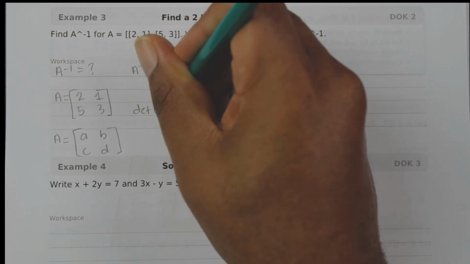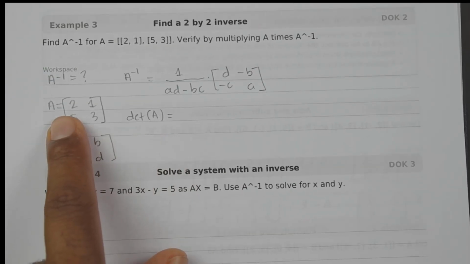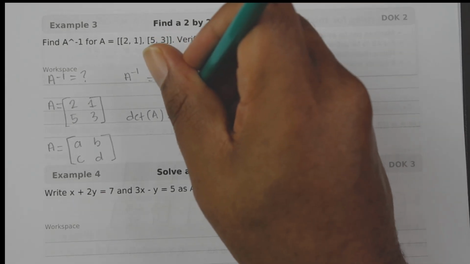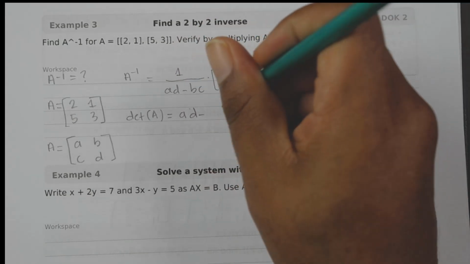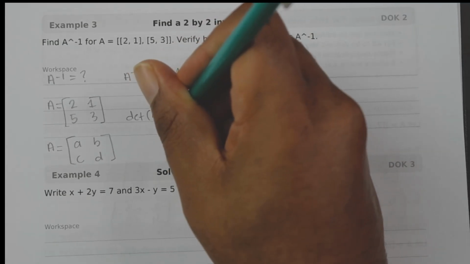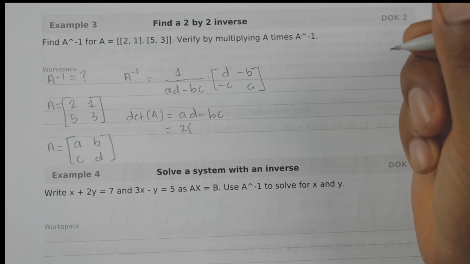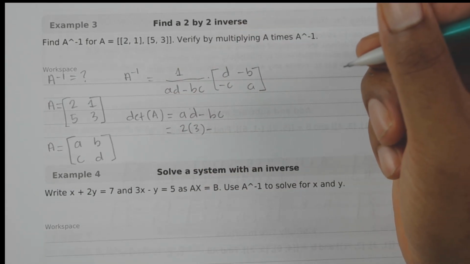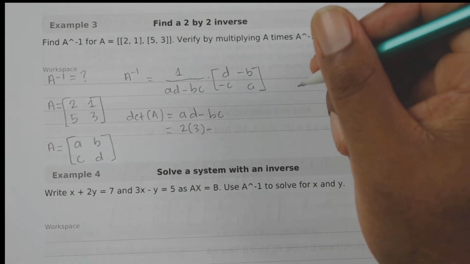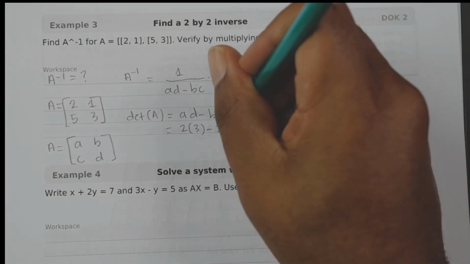I'm going to set it up. Determinant of A in this particular problem would be AD minus BC. A is 2, D is 3, minus B is 1, so minus 1, and then C would be 5.